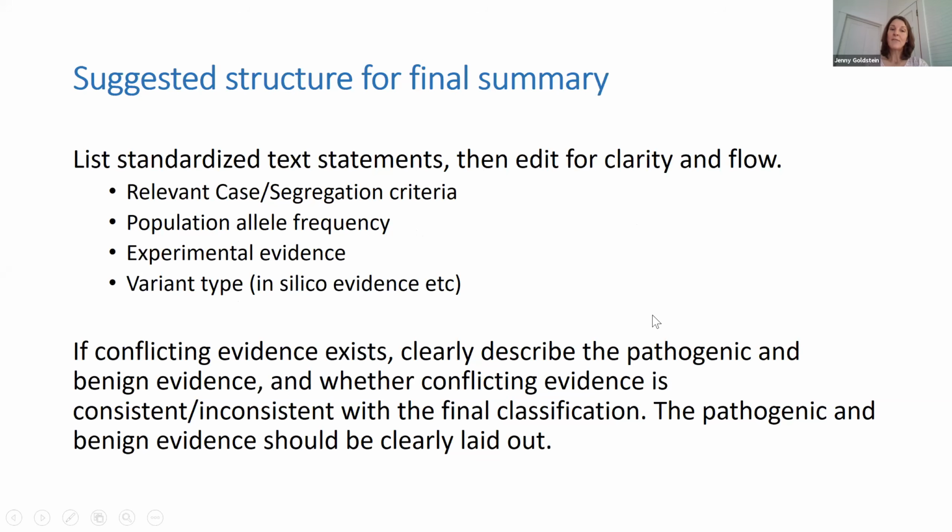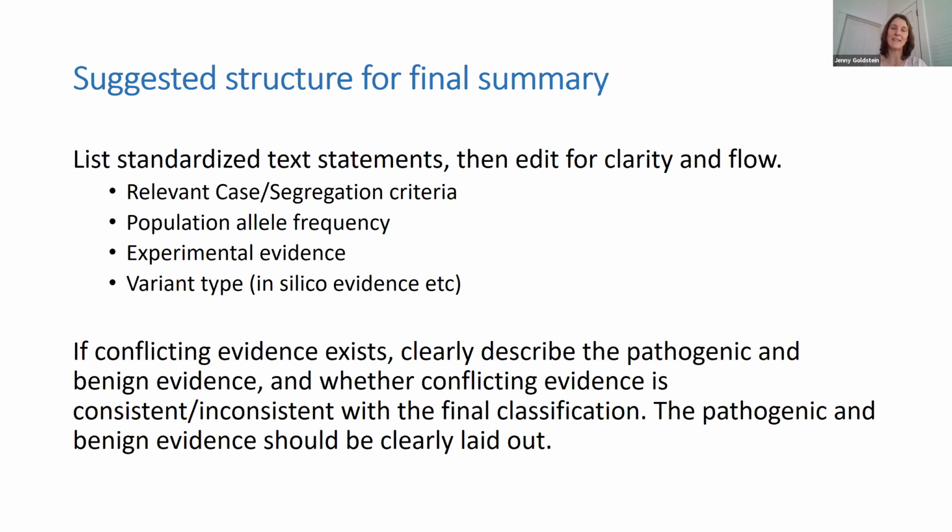If there is any conflicting evidence, you should clearly describe what that evidence is, so the pathogenic versus the benign evidence, and whether that conflicting evidence is consistent or inconsistent with the final classification. As an example, you may have overwhelming evidence that this variant is pathogenic, but perhaps it just didn't meet PP3, it fell below the REVEL cutoff or something like that.